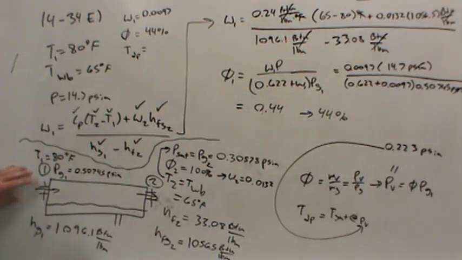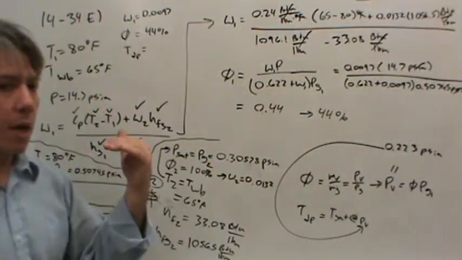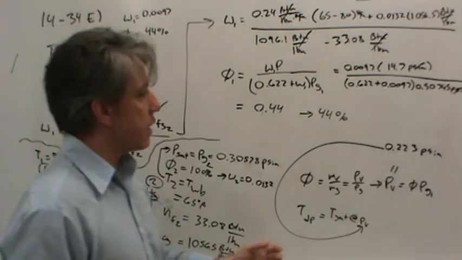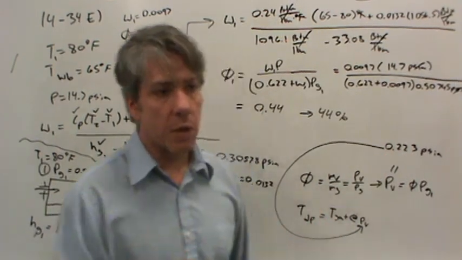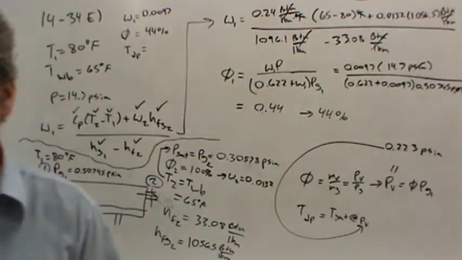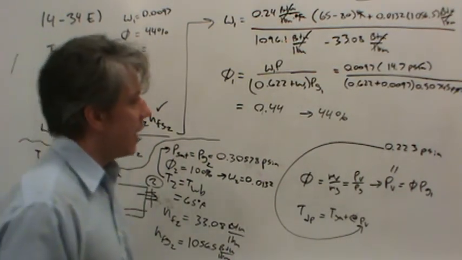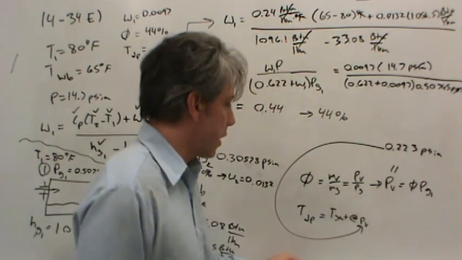It's not the saturation pressure at state 1, it's the saturation pressure that would be if the temperature of the air from state 1 were cooled far enough so that the water vapor starts to condense out. So now let's go one more time to the saturation chart, and look for a saturation pressure of 0.223 PSIA.